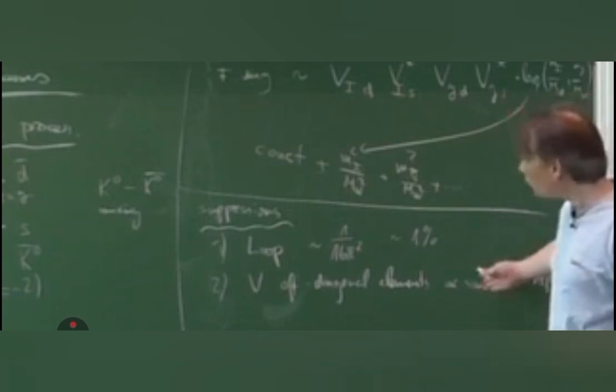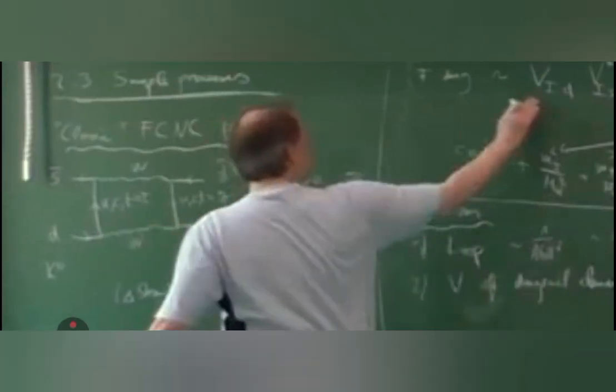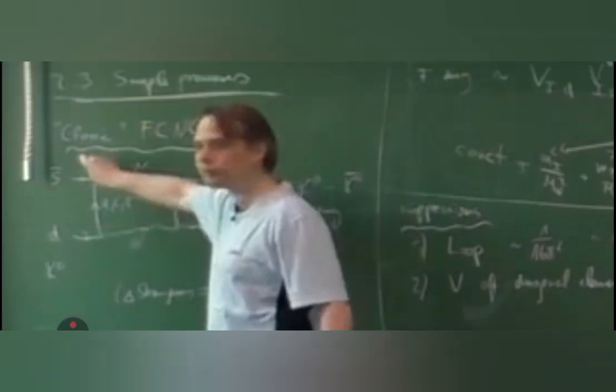It's just an experimental fact that the off-diagonal elements are small. But once we know about this, then we see that the flavor-changing neutral currents are suppressed by at least 2 powers of these small off-diagonal entries, which comes on top of the loop suppression. And that is not even the end.